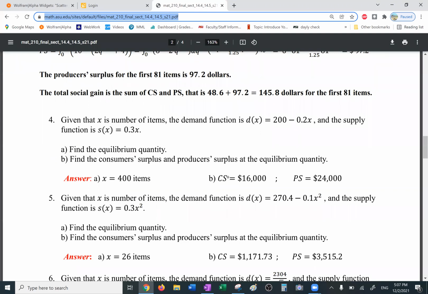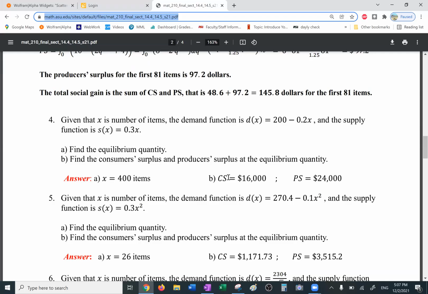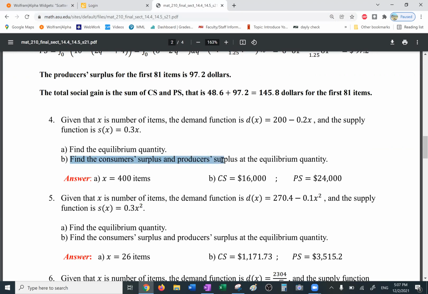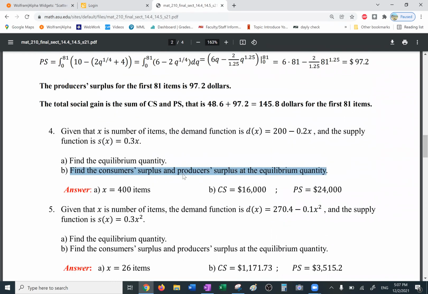So what do you think? What do you think we should do? Any ideas? So I'm following this example. Find the consumer surplus and producer surplus in the equilibrium quantity, CS and PS. Who remembers the formula? This was one of the recent materials.